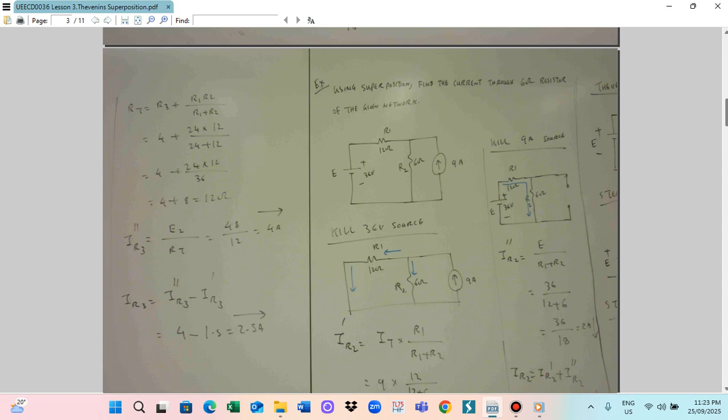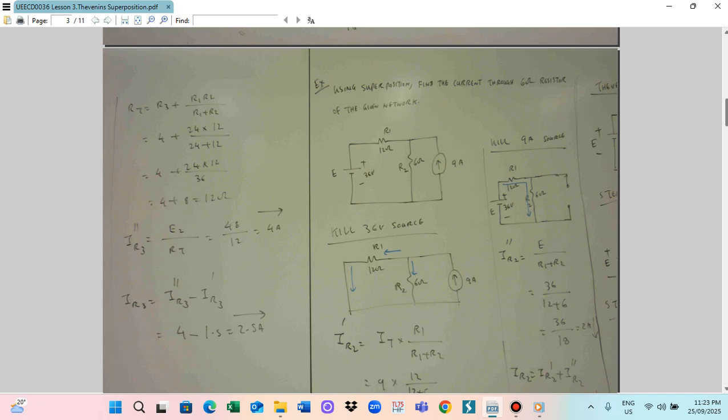So R3 is a 4 plus R1 is a 24 multiplied R2 is a 12. So this is a 4 plus 24 into 12 divided by 36. So this is a 4 plus 8. So you call it 12 ohm. So the resistance will be 12 ohm.